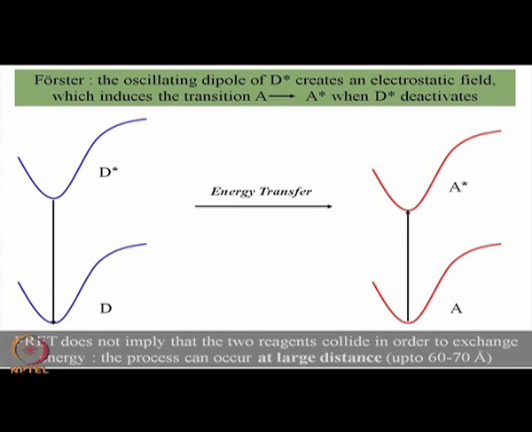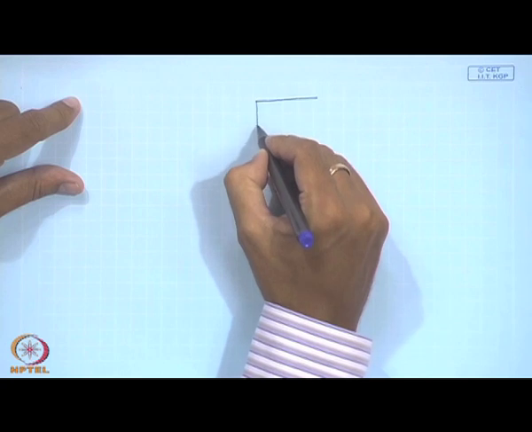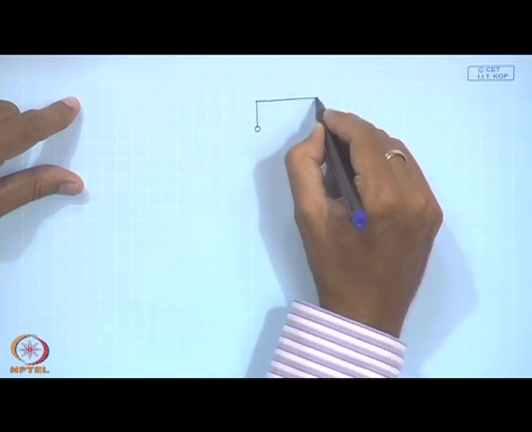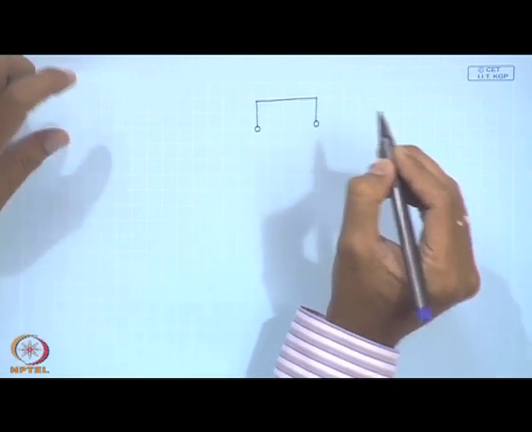It is a coupled transition. In one case the D star is deactivating and A is getting excited. So, basically you have a coupling method, with one pendulum and another pendulum. It is a purely classical description.